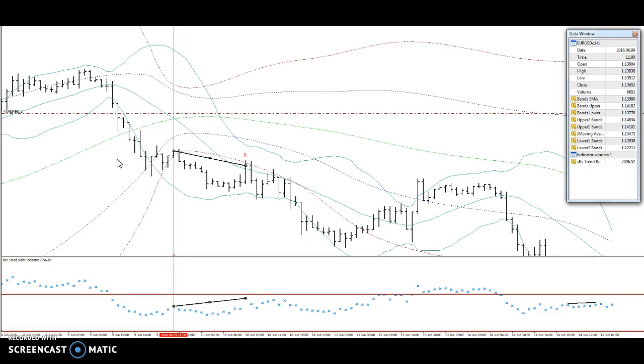One more thing is, not only the BB upper and the BB lower, we can also look at the central line, which is the moving average, and see how it is pointed. Here we can see the central line is also pointing downwards. The previous value was higher than the current value, which confirms that we are in a downtrend.